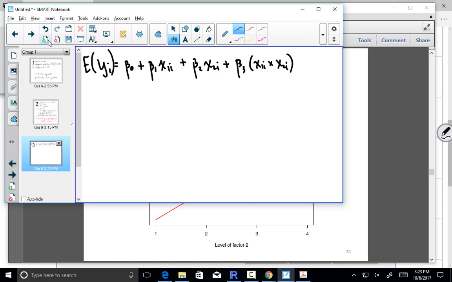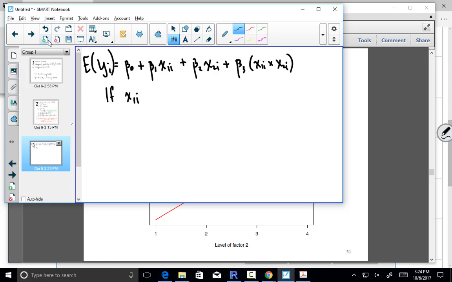I got rid of the epsilons because the epsilons represent random variation and they have mean 0. So an equivalent way of writing this is that on average, the average response equals this linear combination. So we can interpret things carefully.